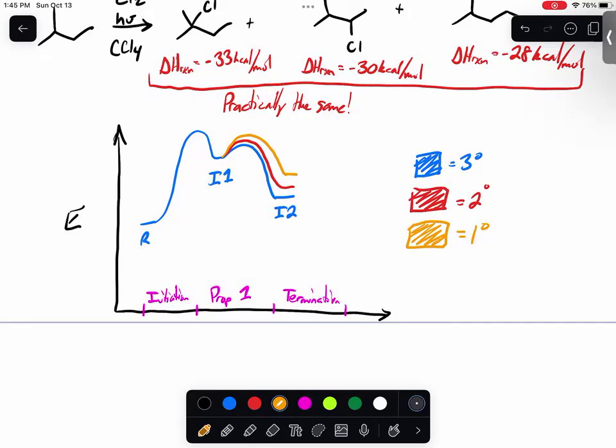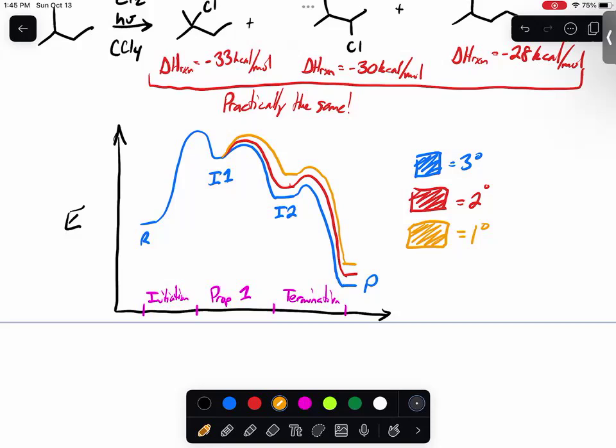And it's true at the end, when we go through termination, that these follow kind of the same route as the radical bromination, where they all do their own thing and fall down, and they have about the exact same activation energies. So why is it in this case that the activation energy between I1 and I2 is so much lower?